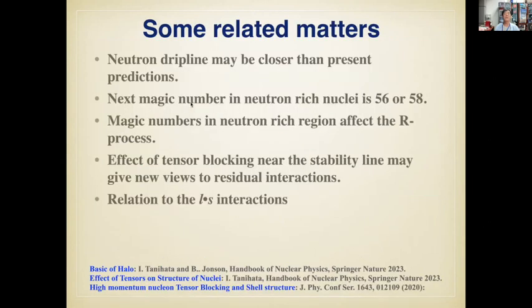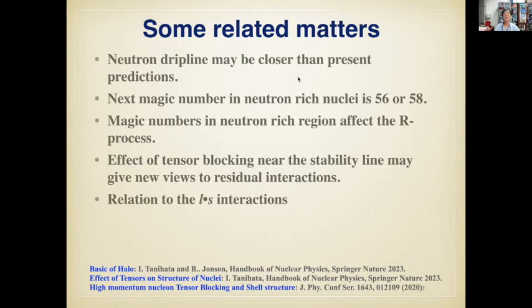It is also related to some other things. If you consider that you lose tensor energy as you go to neutron-rich nuclei, the neutron drip line may be closer than present predictions. Present predictions don't include this high momentum blocking effect of the nucleon interaction.